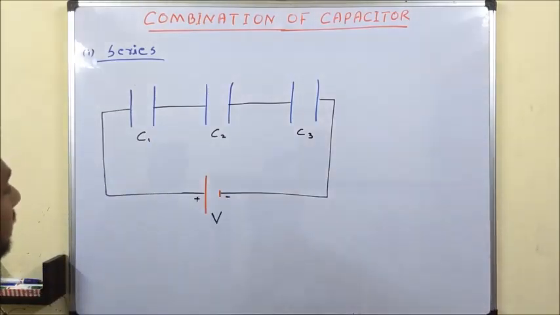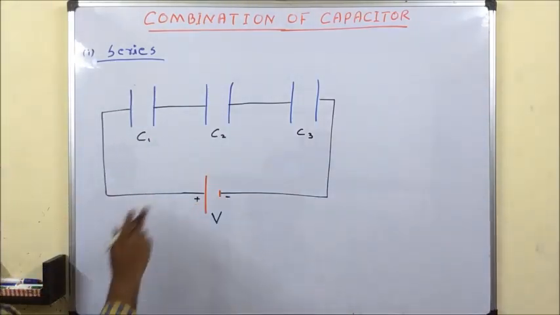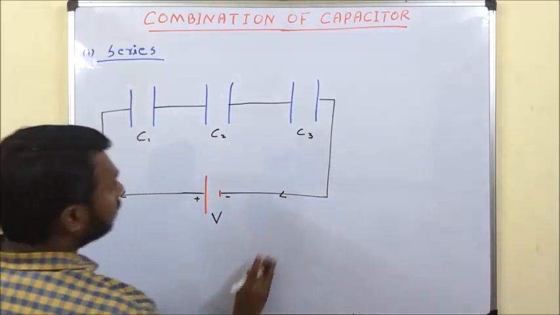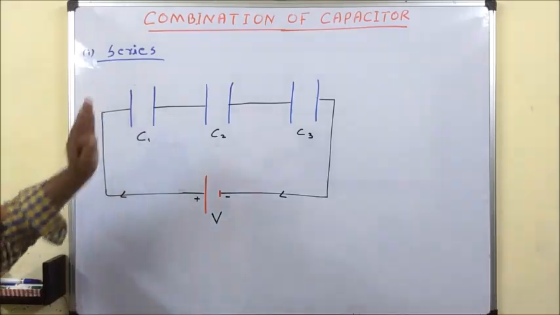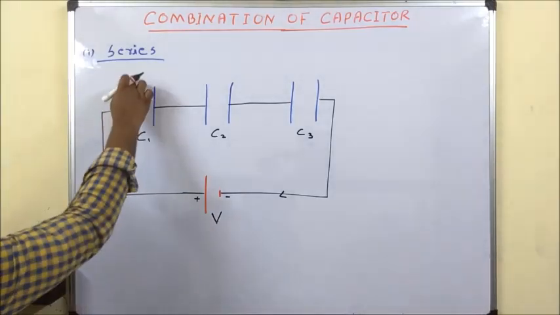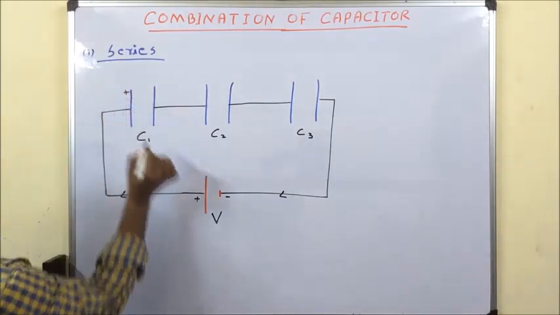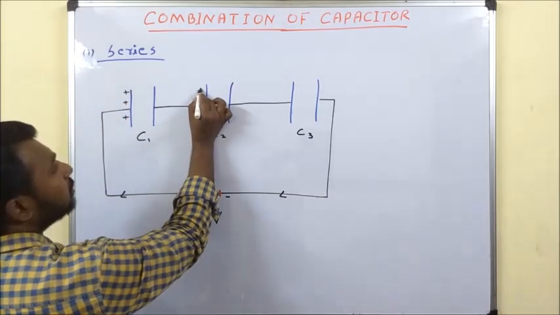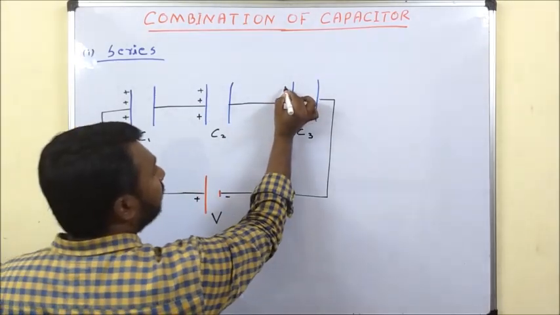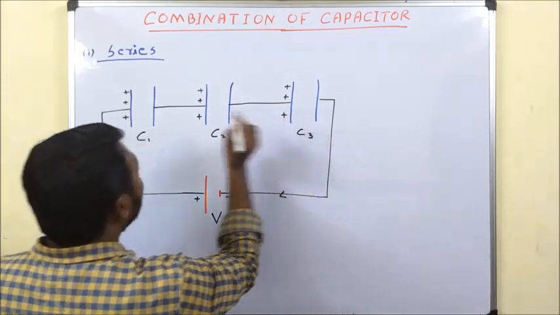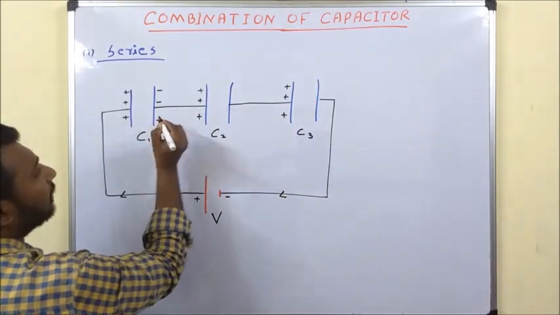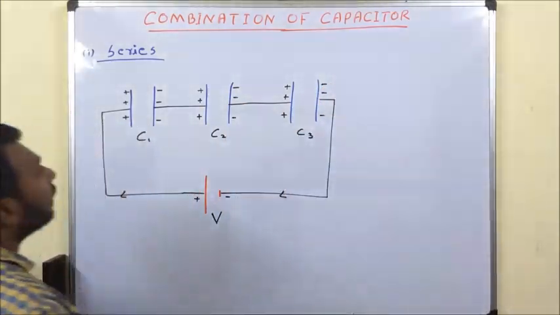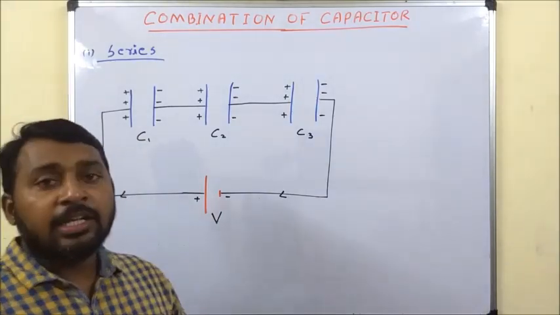When you connect this, you know what will happen? The current will flow from positive to negative. So it's clear that the plates where the positive is connected will be positively charged, and on the other side it will be negatively charged. All these are connected in series.